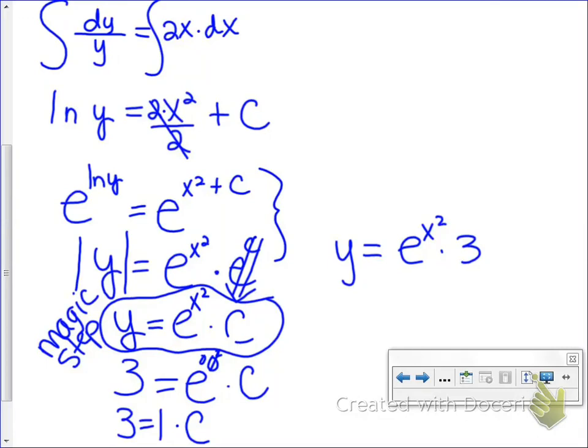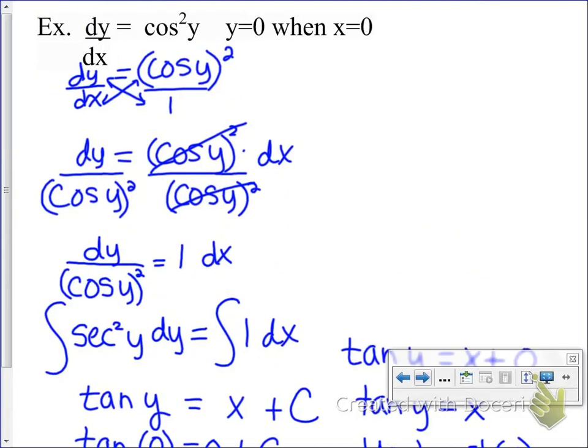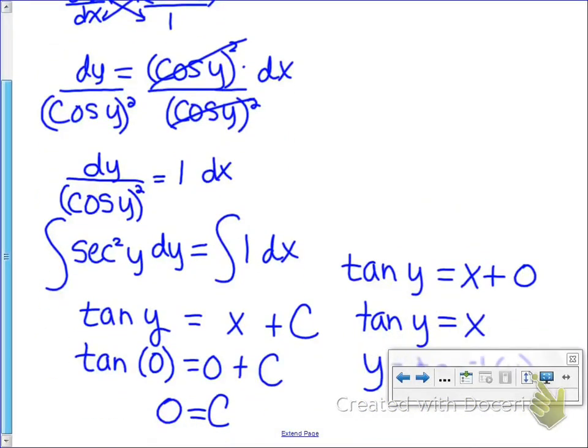Wait until you get to the magic step, then plug in to find c, and then go back and use that step to rewrite your equation. Otherwise, you're going to end up with a struggle in the problem, and it doesn't need to be a struggle. Anything you want to ask me about from the separation of variables problems?